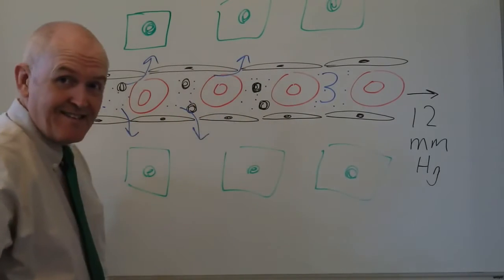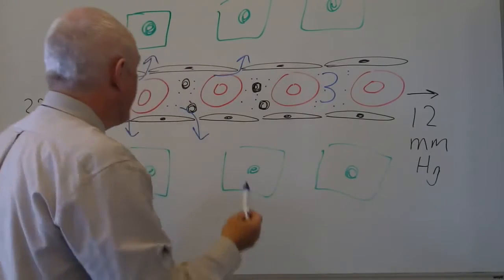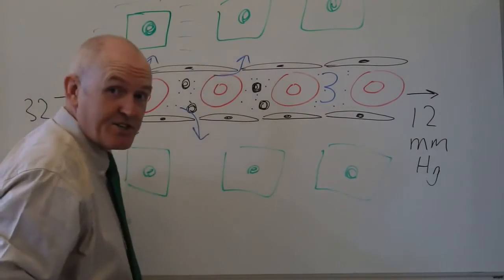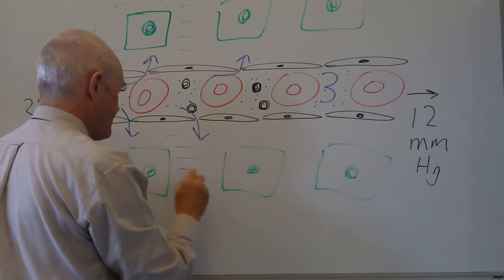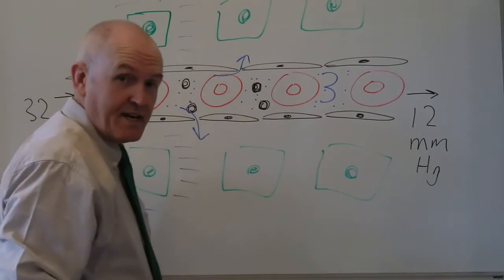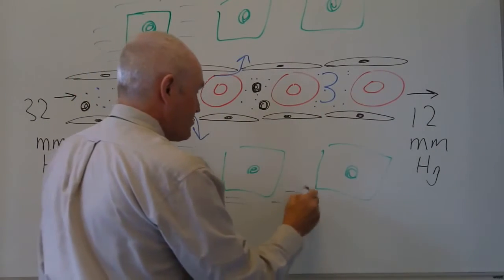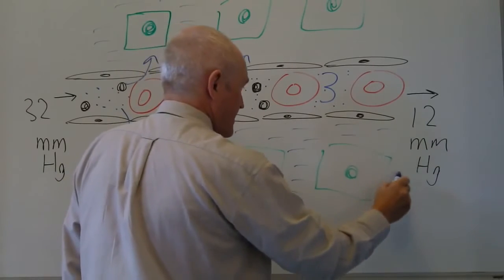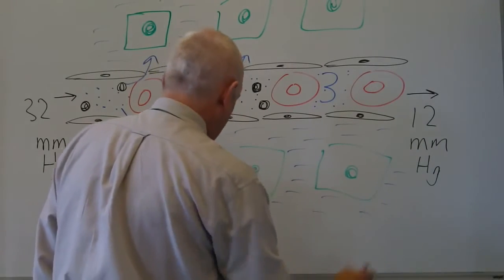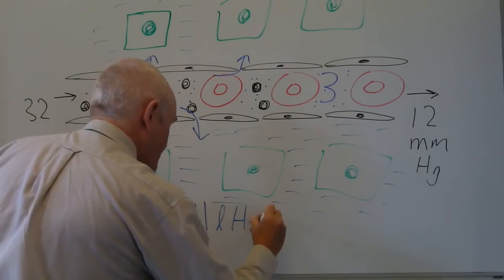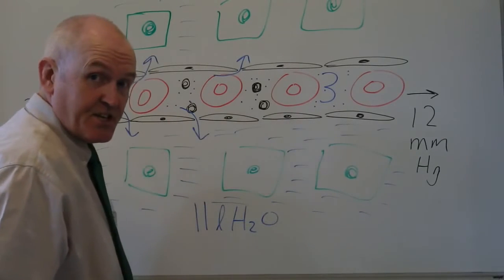And that's good because it's the water molecules that form the tissue fluid in the interstitial compartment. So here we have 3 litres of water in the intravascular compartment, and at any one time in this fit, lean young man, we're going to have about 11 litres of water in the interstitial compartment.